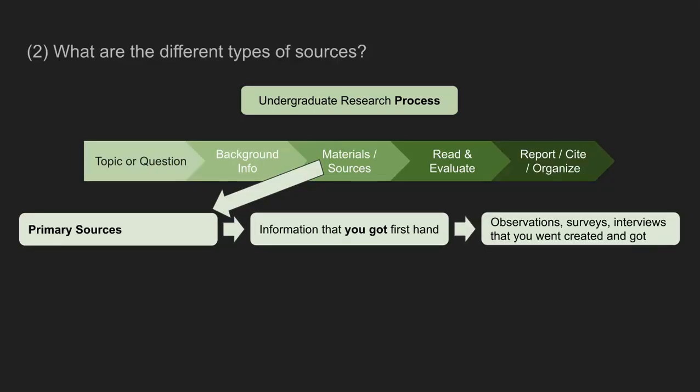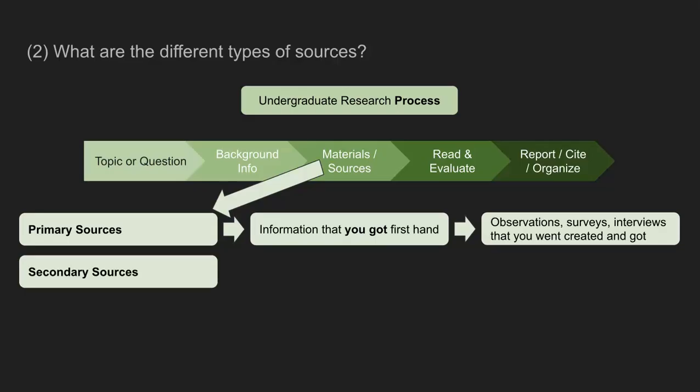Observations, surveys, interviews that you went, created, and got. So you went out there and you did all these different things, right? So you went out there to interview people, and then you wrote down their comments, or you did a survey. You created a survey and had people do it. So those are primary sources, data that you went out and got.